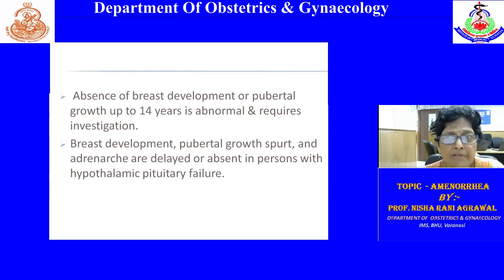Absence of breast development or pubertal growth by the age of 14 is abnormal and requires investigation. Breast development, pubertal growth spurt, and adrenarche are delayed or absent in persons with hypothalamic pituitary failure.